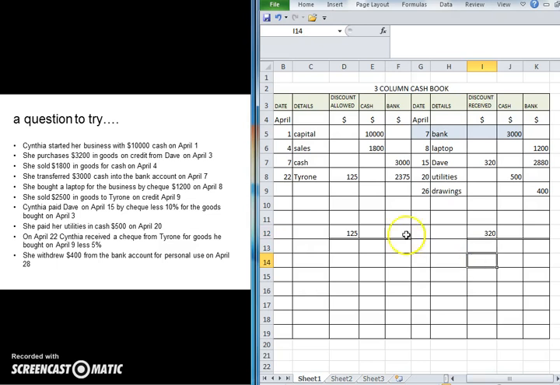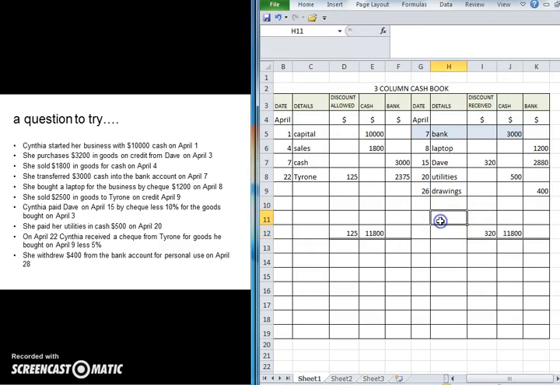Okay. However, the cash now. We add up and see which side is larger. So this adds up to 11,800, but over here adds up only to 3,500. So this side obviously is bigger, so I'll put in the bigger number. It's 11,800. And both sides should have the same figure, 11,800.